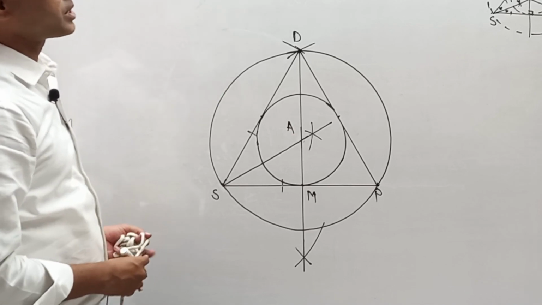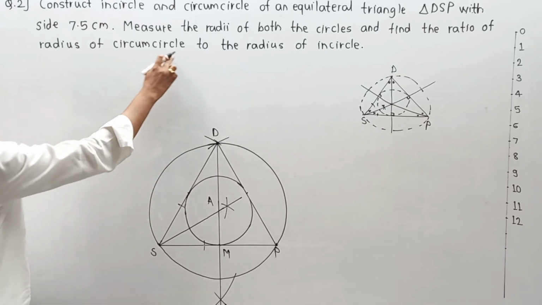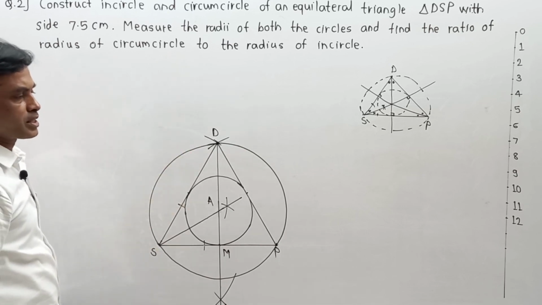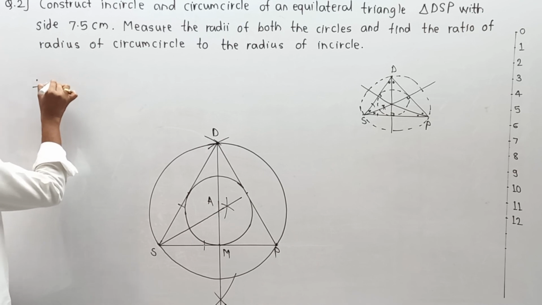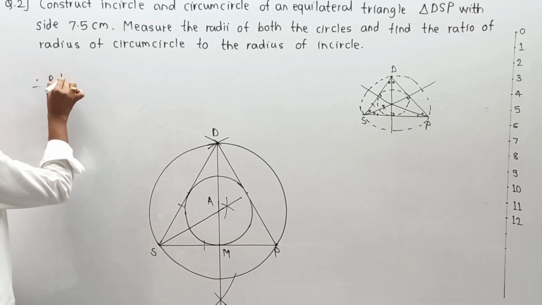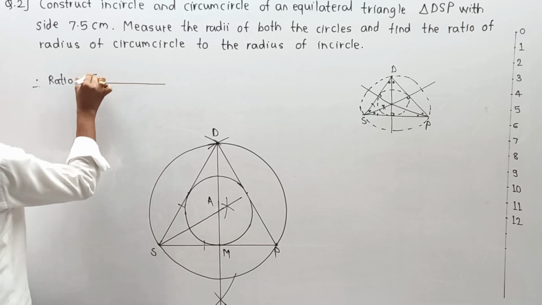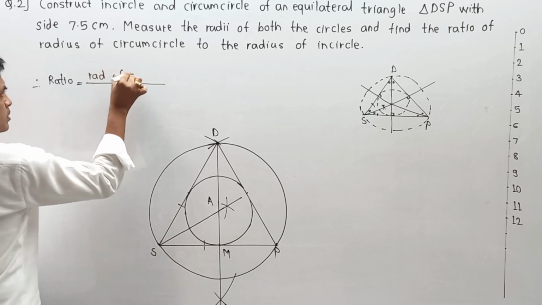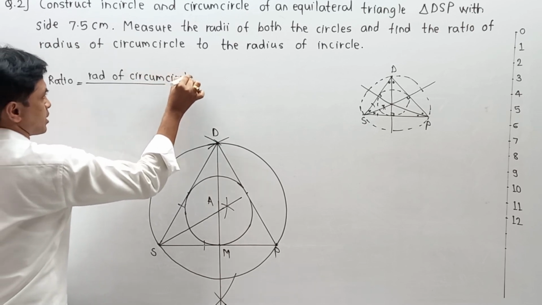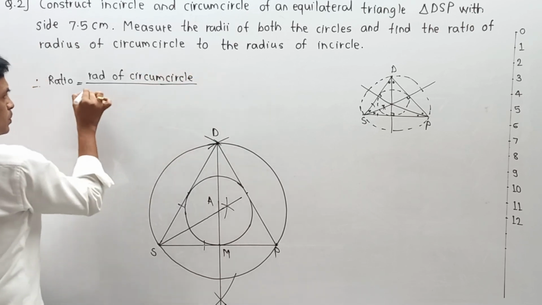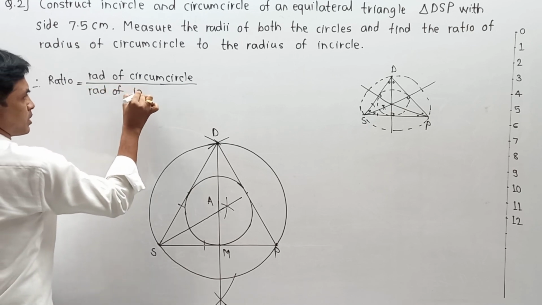Now as per the condition, find the ratio of the radius of the circumcircle to the radius of the incircle.